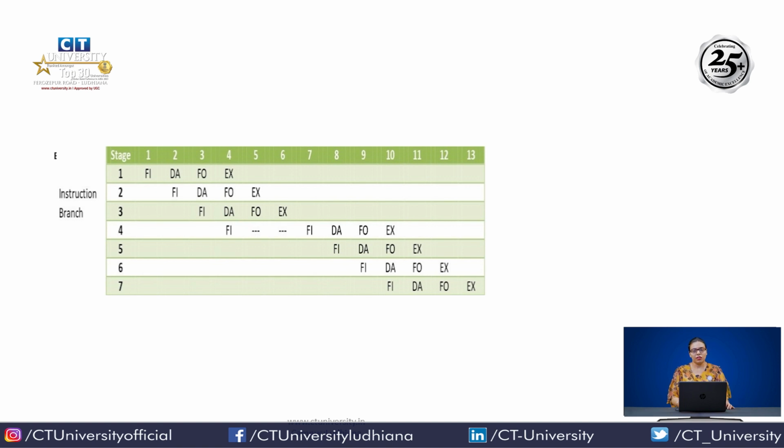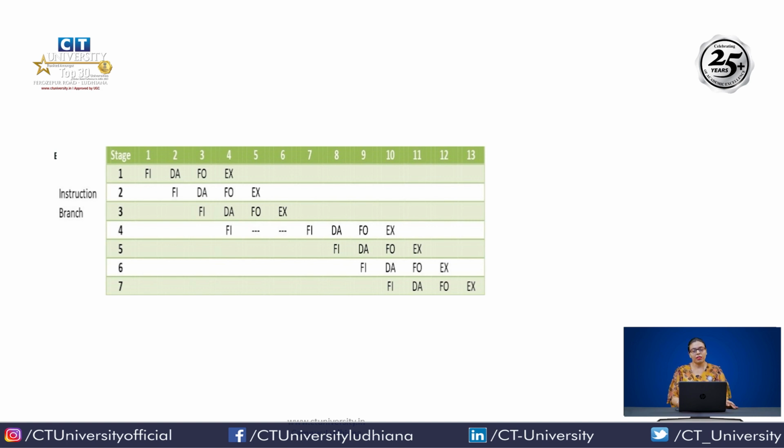There are some stages, let's say 1, 2, 3 and so on up to 13, and the instructions branch again from 1, 2, 3 up to 7. The first step is fetching the instruction, next is decode, then fetching the operands, and the last step is execute. At stage 2, while the previous instruction is decoding, a new instruction is fetching from the memory.